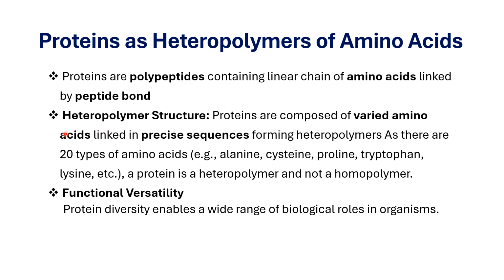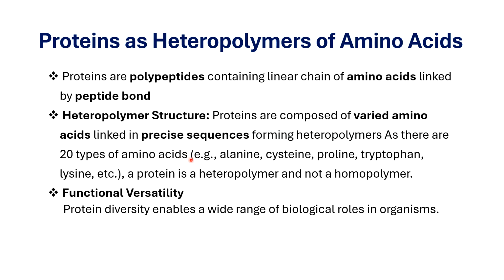Now, the next point is that proteins are heteropolymer structures. Why are they called heteropolymers? Because we know proteins are made up of 20 different types of amino acids. The amino acid is the monomeric unit of protein, and as we use different types of monomeric units, or different types of amino acids, to make up protein, protein is an example of a heteropolymer.